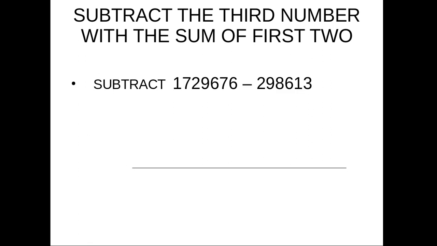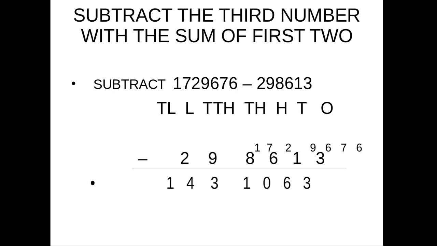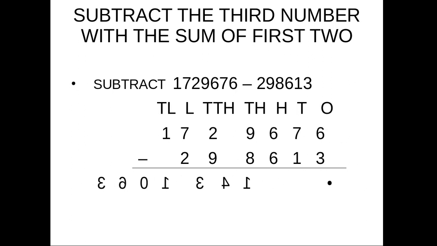After that we will subtract the third number from the sum of these two numbers. We have the answer 17,29,676, then we will subtract 2,98,613 from it. After subtracting we will get 14,31,063.